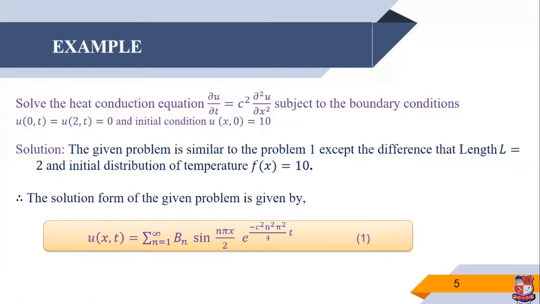And in the previous problem, for the initial distribution of temperature we considered the general function f(x). Here the initial condition is given as 10. So f(x) is equal to 10, length L is equal to 2. At x is 0, the temperature is 0, that means the left end. At x is equal to 2, again the temperature is 0, the right end. So both ends are held at 0 temperature.